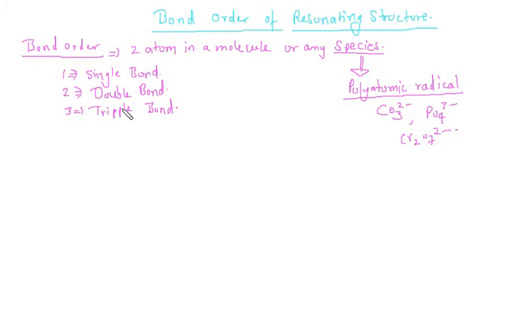But it is not necessary that every time you'd have a perfect whole number. It can be a fraction, like 1.33, 1.5, or sometimes 2.3, 2.5. Here mainly we'll talk about the bond order of the resonating structure.